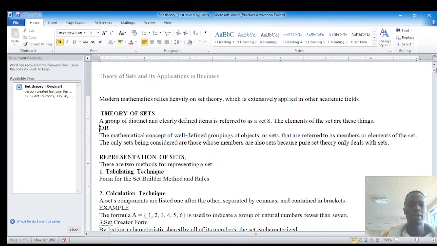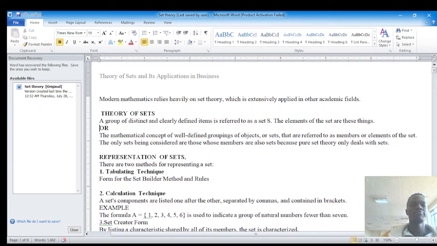The elements of a set are things, or items. Modern mathematics relies heavily on set theory, which is extensively applied in other academic fields.